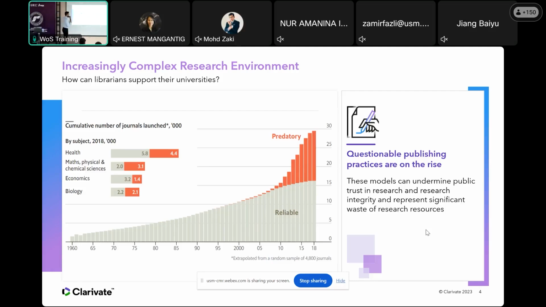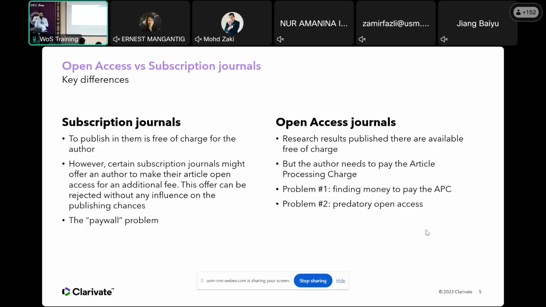This is approximately the graph between 1900 and 2019 that shows our evaluation of the reliable scholarly journals and how many predatory journals appear every year. So let's talk about where exactly all this comes from and why this is dangerous.